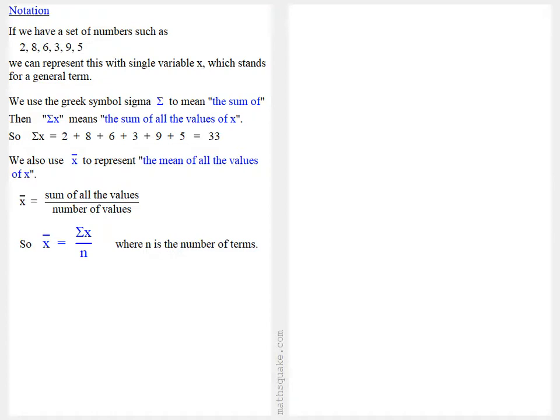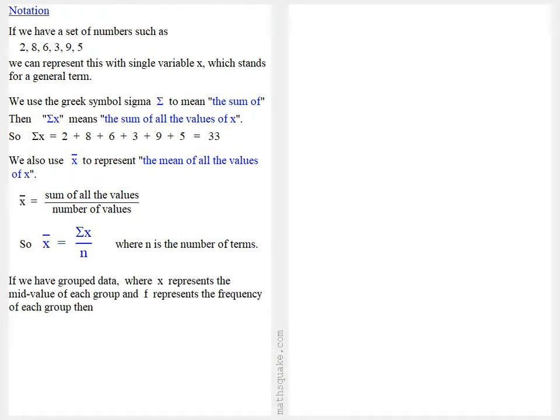Now if we've got grouped data, where x represents the mid-value of each group and f represents the frequency of each group, then x bar equals sigma fx over sigma f. In other words, the mean is equal to the sum of the frequencies times the mid-values over the sum of the frequencies.